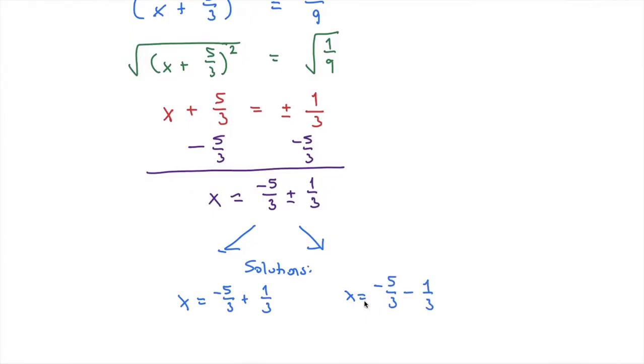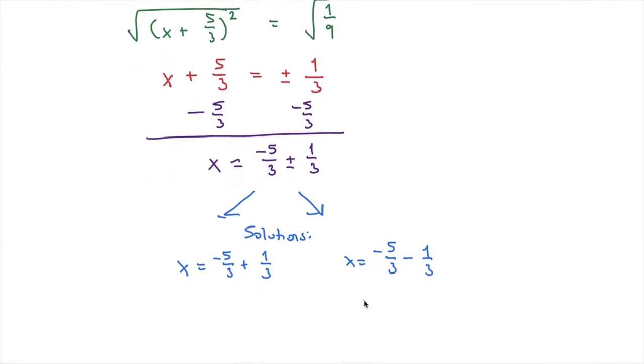And so now we just need to add. Again, you can use your calculator if you need to, but I'm not using a calculator. We got -5/3 plus 1/3. Well, that's just -5 plus 1, so that's going to give you -4/3. That's one solution. The other solution is -5/3 minus 1/3. Well, -5 minus 1 is -6, so it's -6/3, which is just -2.